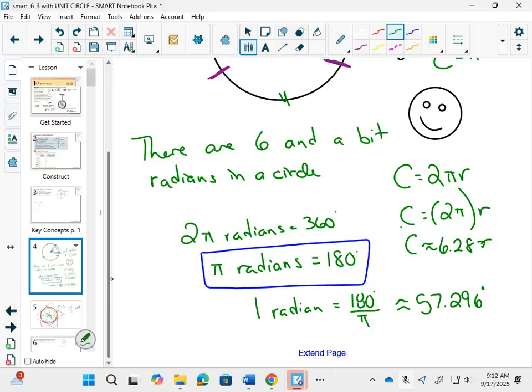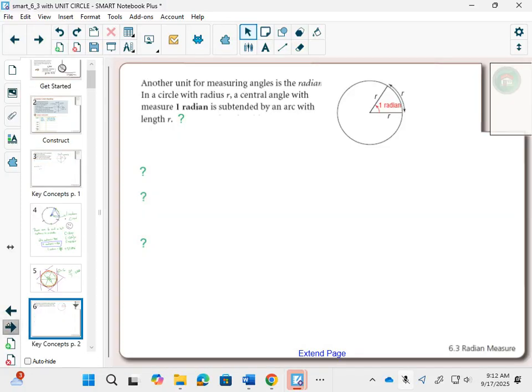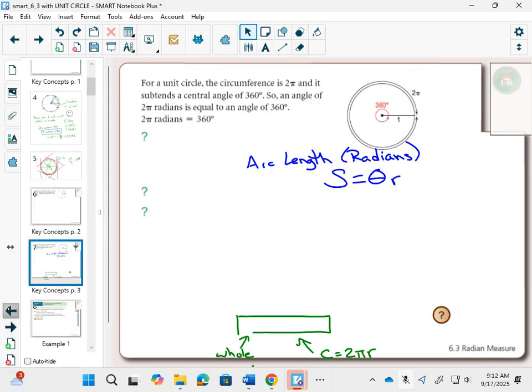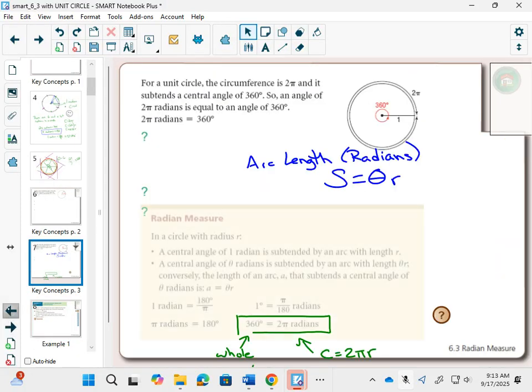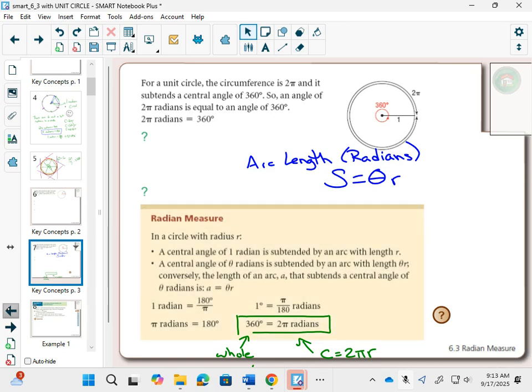So, you have this information in your textbook, at the top of page 489. This is where we started. The whole thing around the circle is 360 degrees.